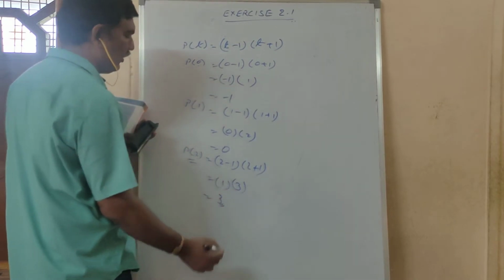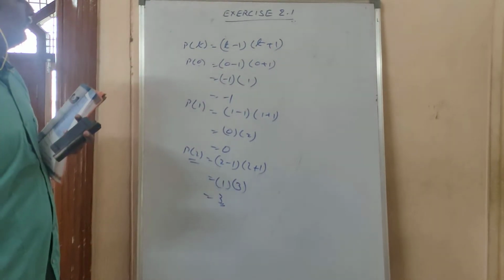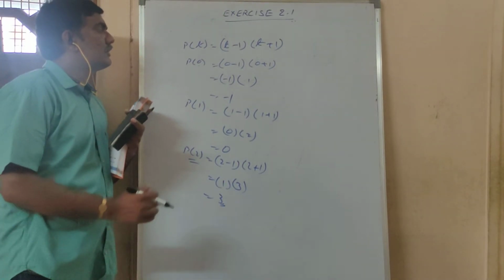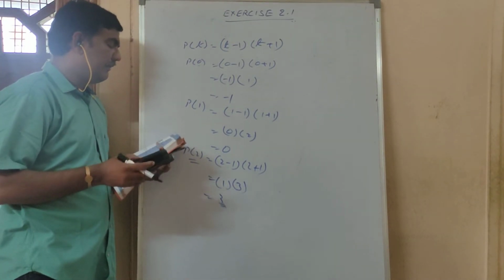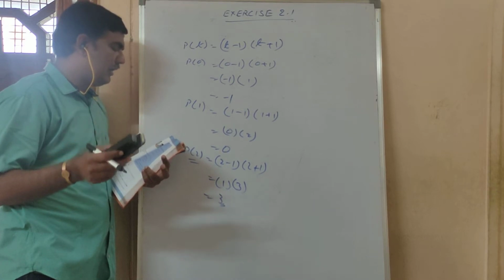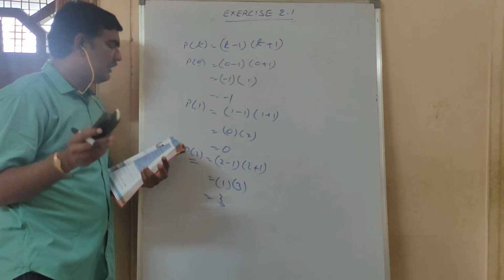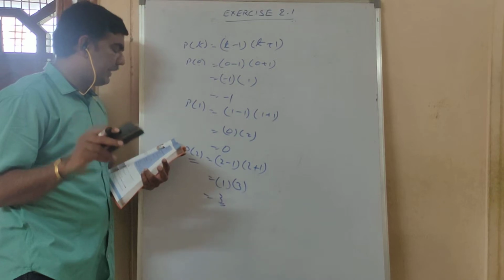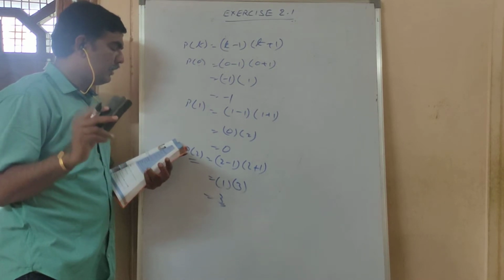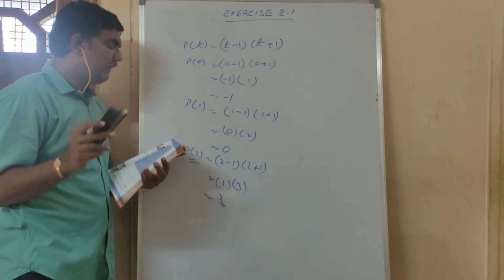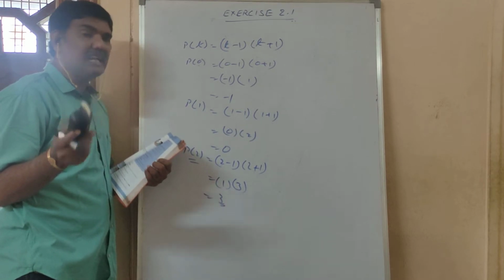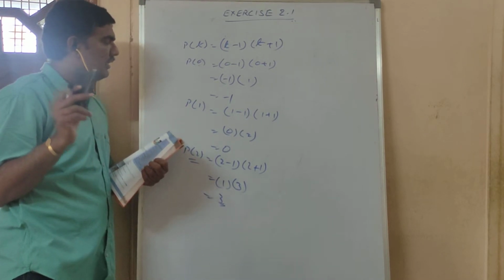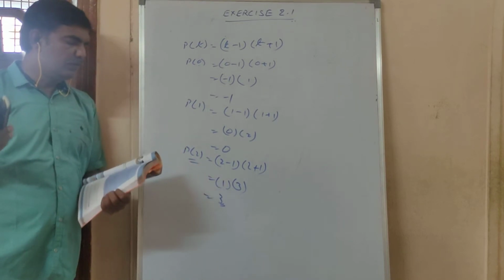So P of 2 value, how much you got? 3. So like this one, wherever you have variable, in that place you have to substitute 0 one time, 1 one time, 2 one time. Means for every question you will get 3 answers: P of 0 answer, P of 1 answer, P of 2 answer.